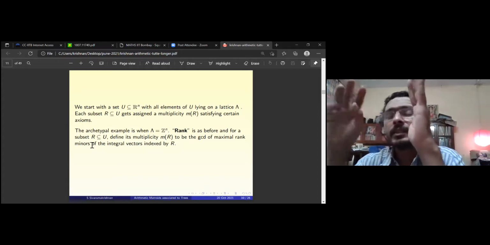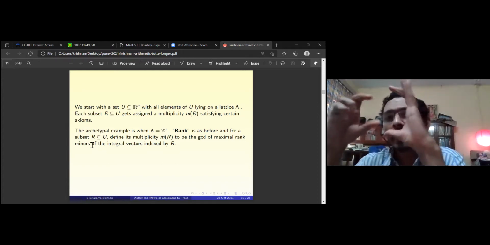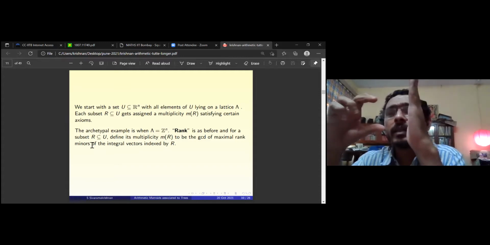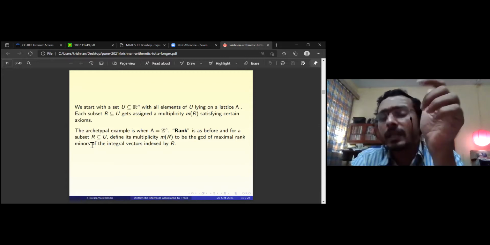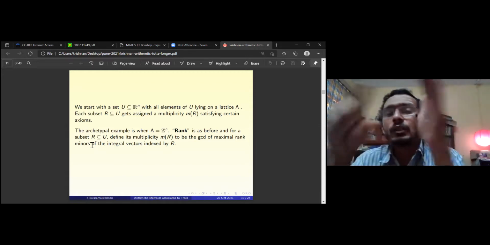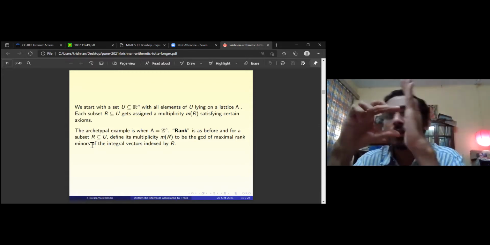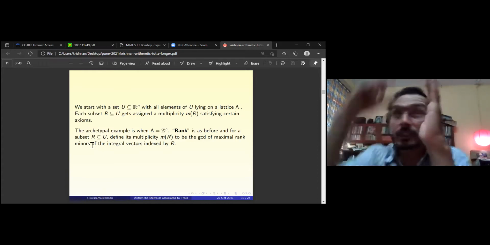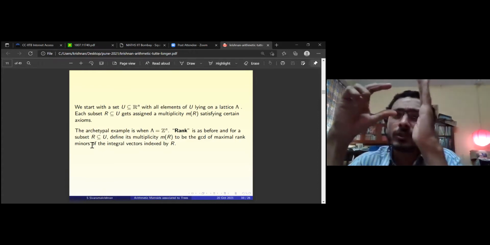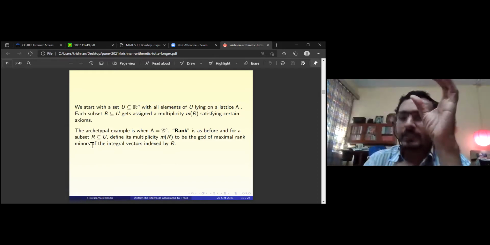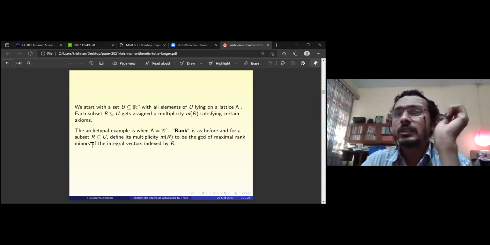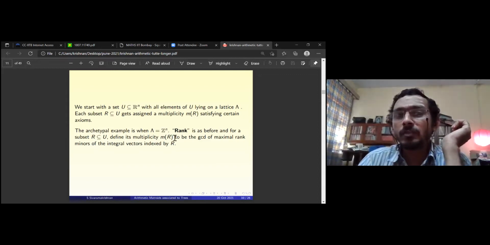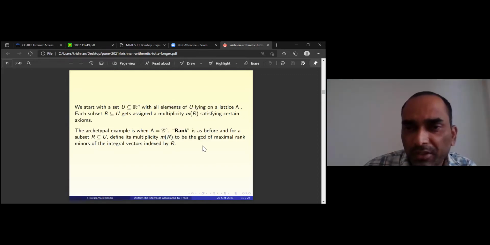That means there is some 3 by 3 submatrix which has non-zero determinant. Maybe there is some other 3 by 3 submatrix which also has non-zero determinant. So you look at all these 3 by 3 choices which are non-zero, and you take the GCD of their determinants. That is a good candidate for this multiplicity. Do you mean to say it is smallest?